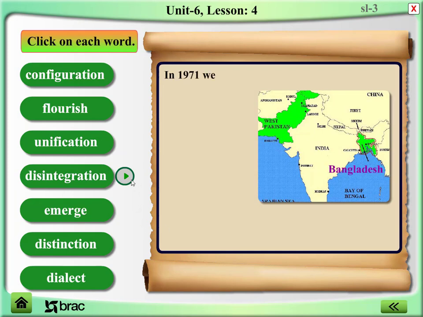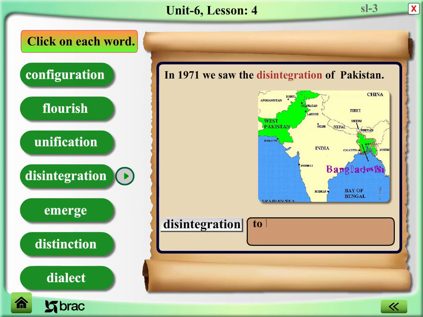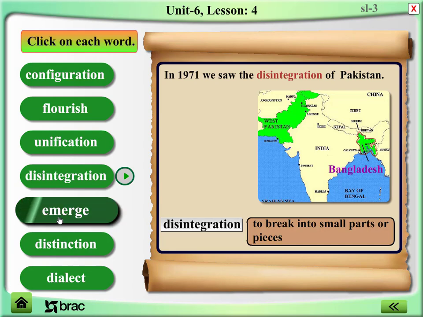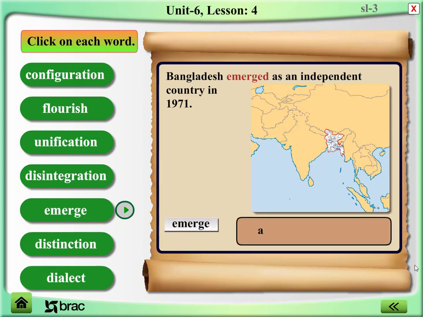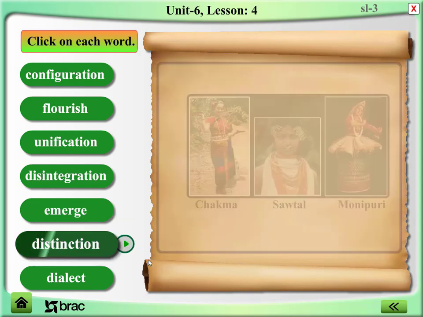Disintegration. In 1971, we saw the disintegration of Pakistan, meaning to break into small parts or pieces. Emerge. Bangladesh emerged as an independent country in 1971, meaning appear, come into view. Distinction.